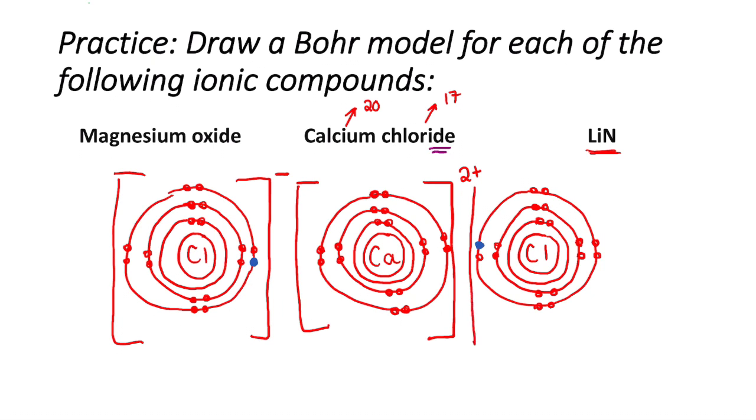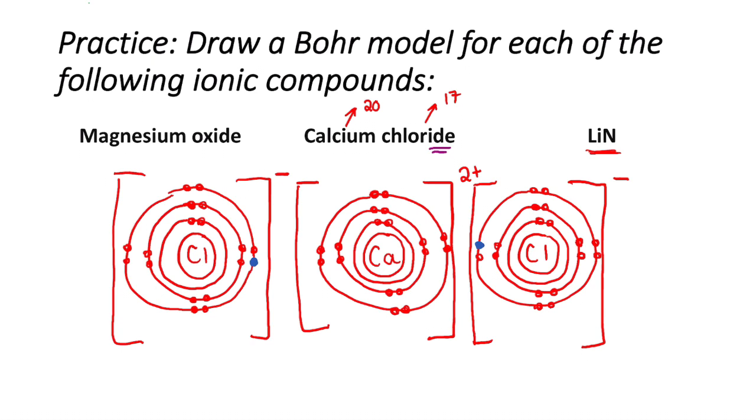And then I'll squeeze in the second bracket here. And again, this chlorine has a -1 charge as well. Remember that the charges need to balance, so we've got +2 and 2 -1 charges, so that's going to equal out to an overall charge of 0 for the compound.